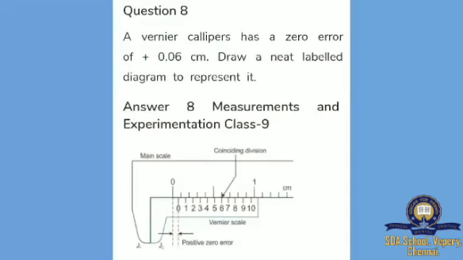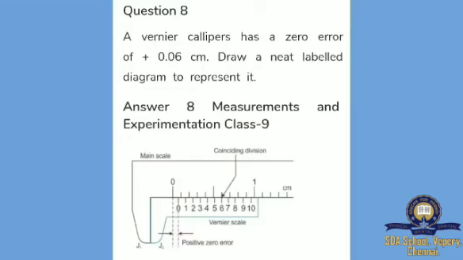Now the 8th question is, a vernier caliper has zero error of plus 0.06 centimeter. Draw a neat labeled diagram to represent it. Before drawing the diagram, you should keep two things in mind. Here it is mentioned plus 0.06 centimeter, so it must be a positive zero error.